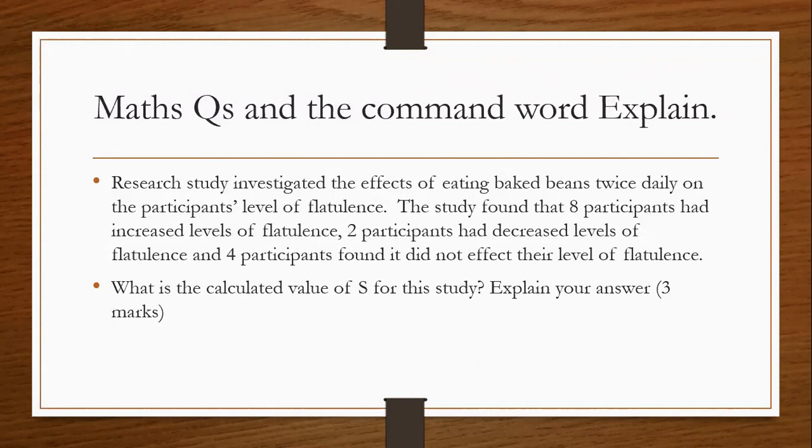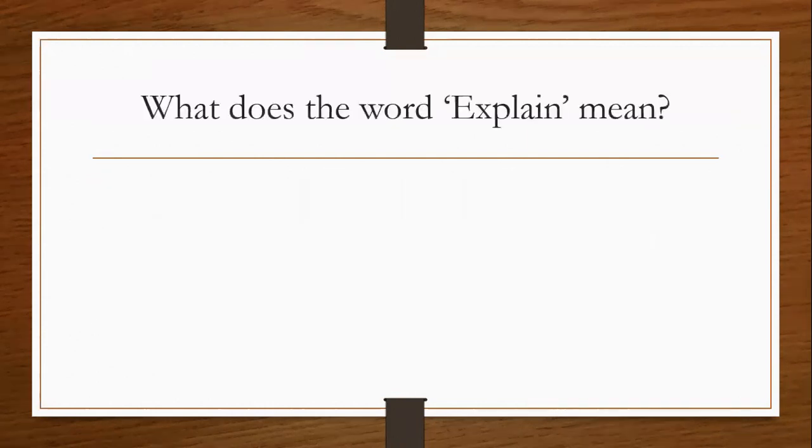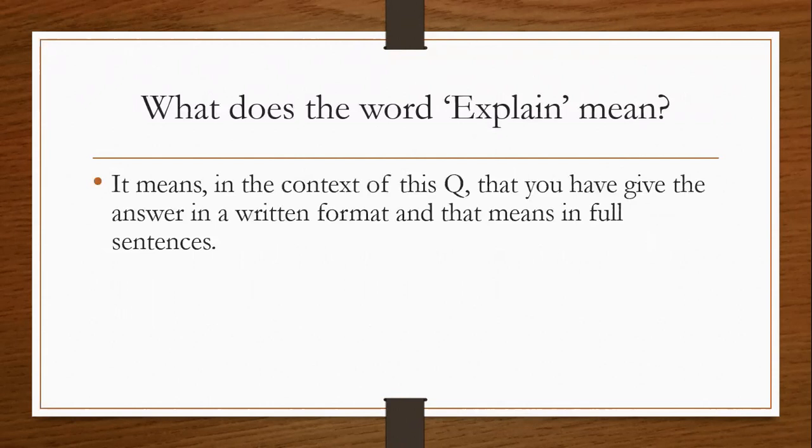But the second part of the question says, explain your answer. And it's got the word explain. So it's really important that we understand what the word explain means. It means in the context of this question that you have to give the answer in a written format.